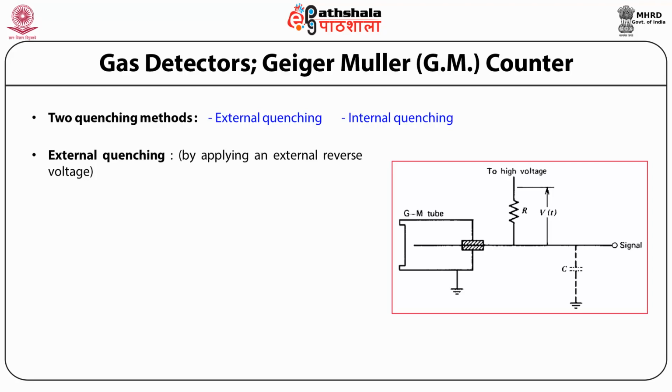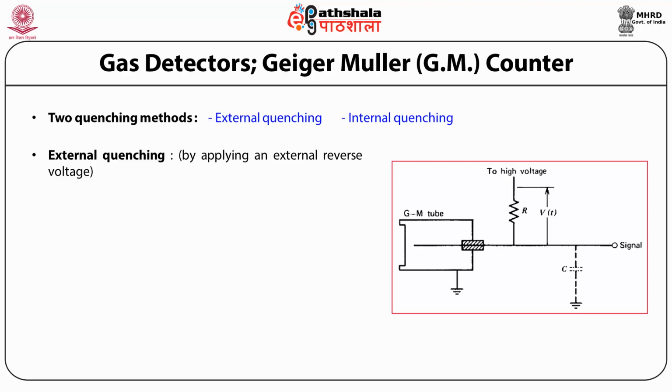External quenching means we apply an external reverse voltage to the GM tube, so that after the primary pulse is generated, the external reverse voltage brings down the voltage between anode and cathode within the detector to such a low value that multiple pulsing does not happen.